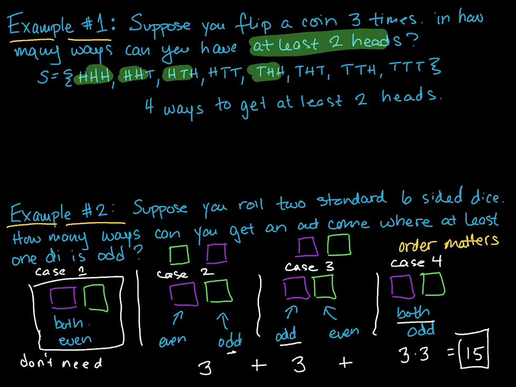But this is another tool you can have in your arsenal for number 2, where you break it into cases, figure out how many options are in each case, and then add the cases. So I'm adding the cases, but here I'm multiplying because I have to roll 2 dice together.